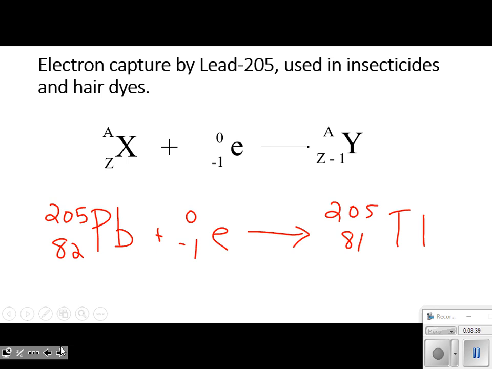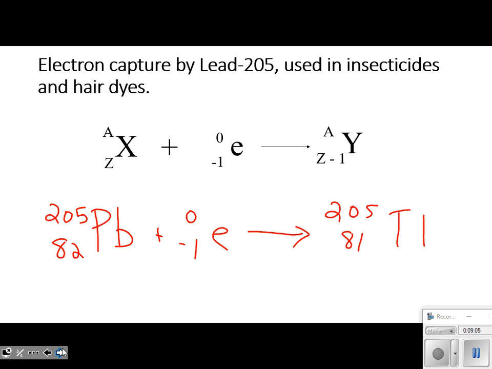So that's why when we talked about alpha particles, beta particles, and gamma rays, these are some gamma rays that will be released with this also. But there's my equation. Does my math add up? 82 minus 1 is 81. It's got to be the same on each side of my arrow. Does indeed match up.